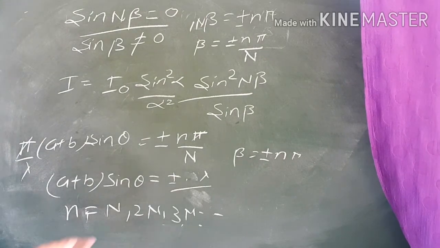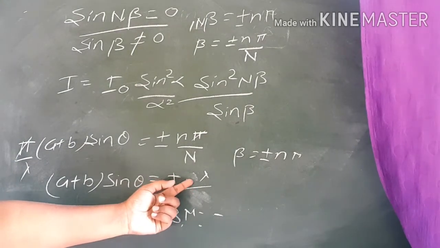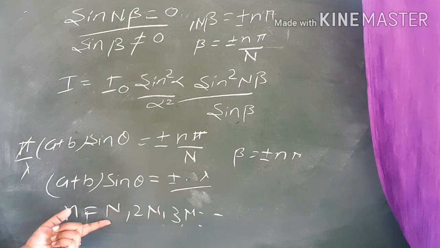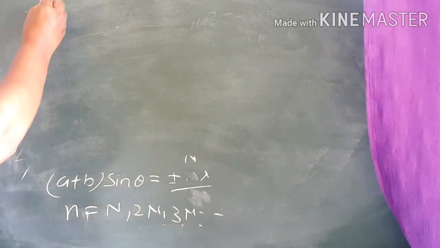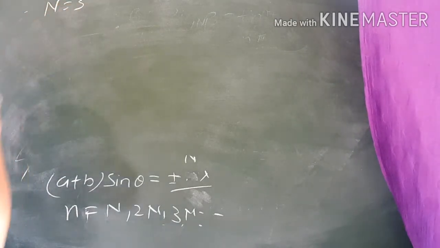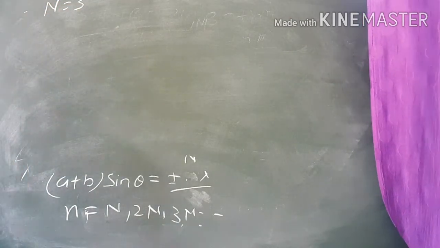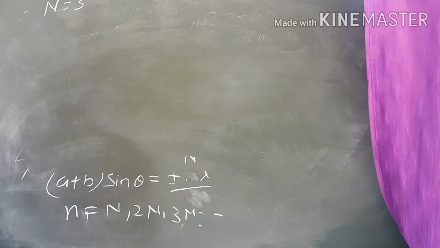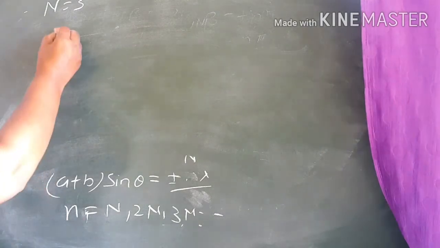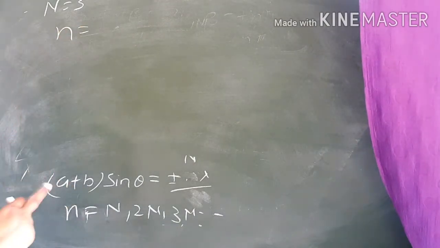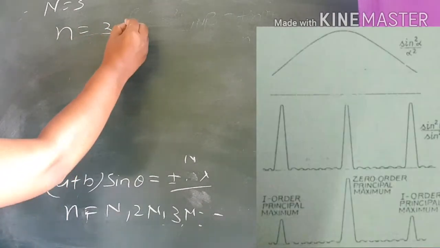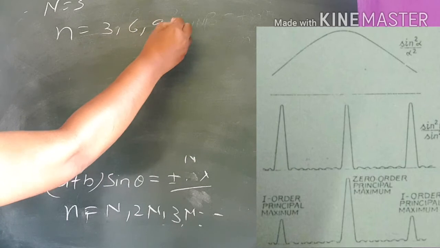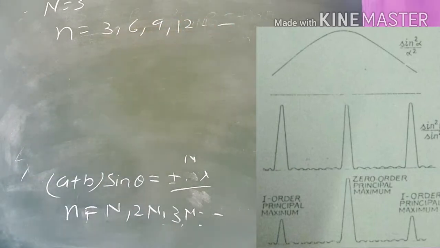So in this case small n cannot be equal to this. Suppose capital N is equal to 3. Then small n can never be 3, 6, 9, 12, and so on.